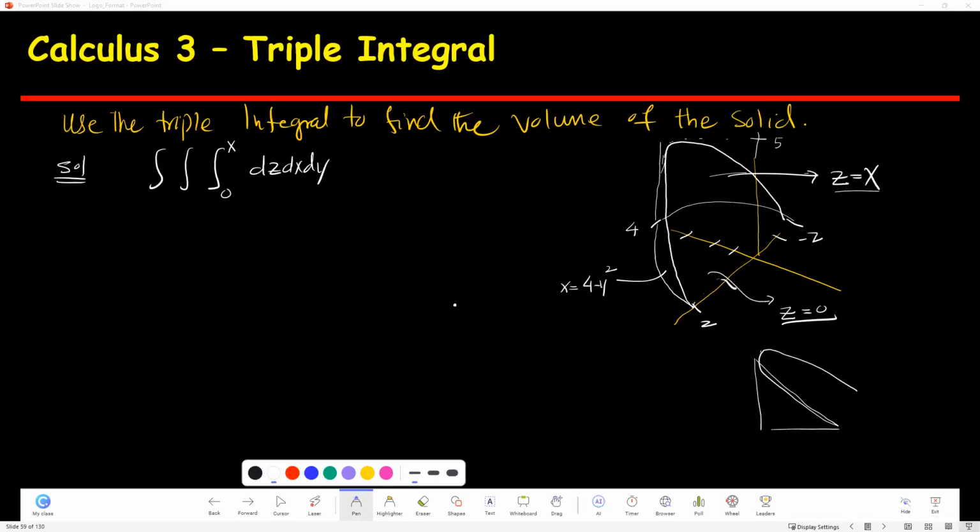So it's going to go from 0 to 4 minus y squared, which is given also. And for the y operator, it's going to go from minus 2 to 2. Okay, that's pretty much what we got, and then let's start solving this one.